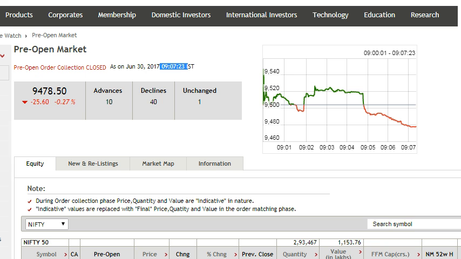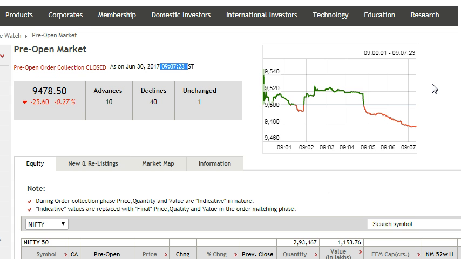They'll simply collect the buy and sell orders, overnight orders and fresh orders in the morning, and then arrive at a fair open price instead of opening at a spiked up or spiked down value. So they collect all the bids and offers, and based on them, they arrive at a fair opening price, and then they give 7 minutes of silence between 9:08 and 9:15.